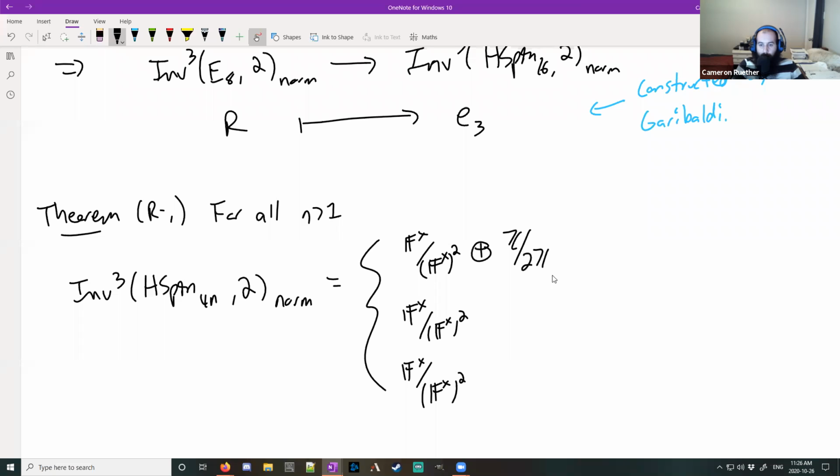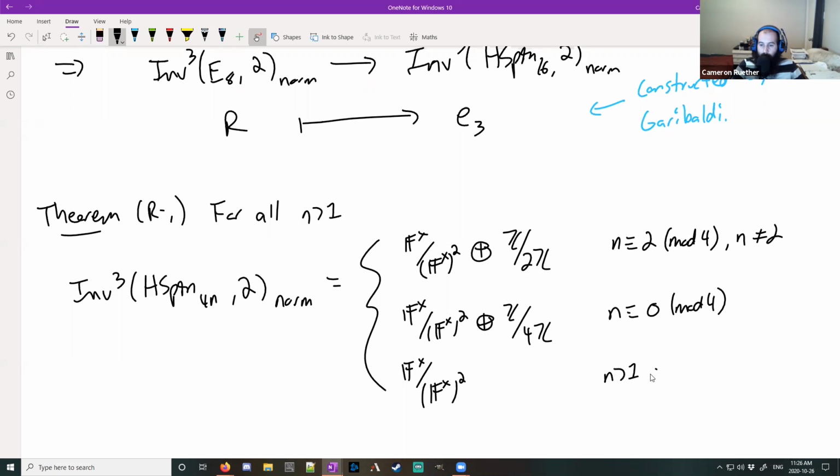And as we saw in Bermudez and Ruozzi's description, sometimes the indecomposable invariants are Z mod 2, sometimes they're Z mod 4, and sometimes they're nothing. So this was when n is congruent to 2, but not 2. This is when n is congruent to 0. This is if n is odd or 2. So we have this full description now, this generalization to the normalized invariants of any HSpin.